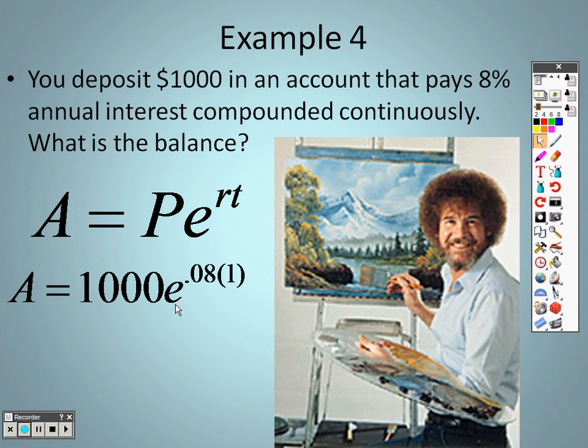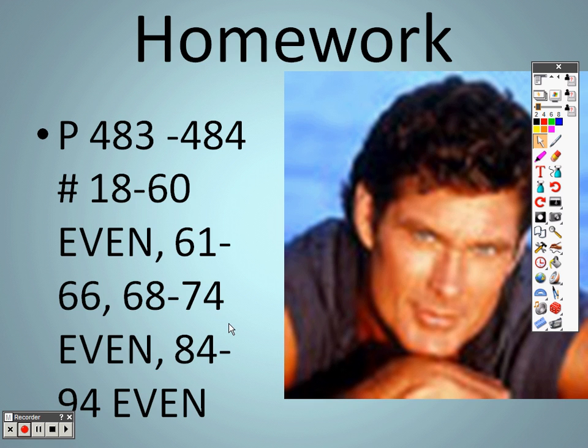So literally on your calculator, you can type in 1,000 times, go to second ln, that will bring up the e, and then type in 0.08 times 1 in parentheses, you get 1083.29 as your answer, which means after 1 year you gained $83.29 if it was compounded continuously.